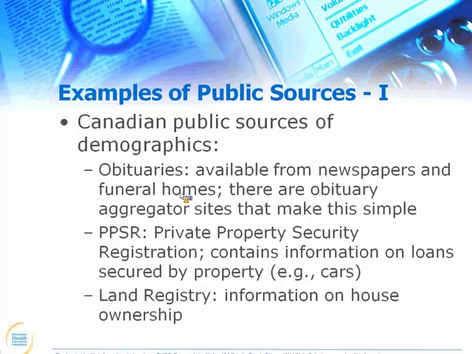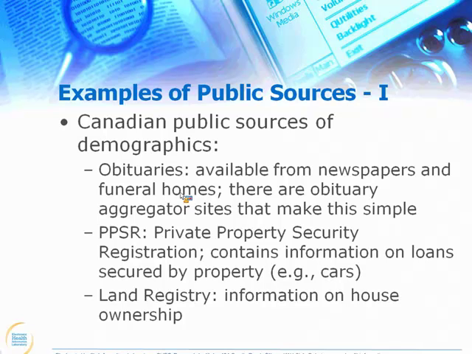If a record of that individual exists, it'll give you their exact address, their date of birth, and of course how much money was borrowed and what the property is. If it's a car, then it'll be the vehicle identification number, how much money is owed on the car, etc. And these are all public registries. They also have land registries, which have information on house ownership.